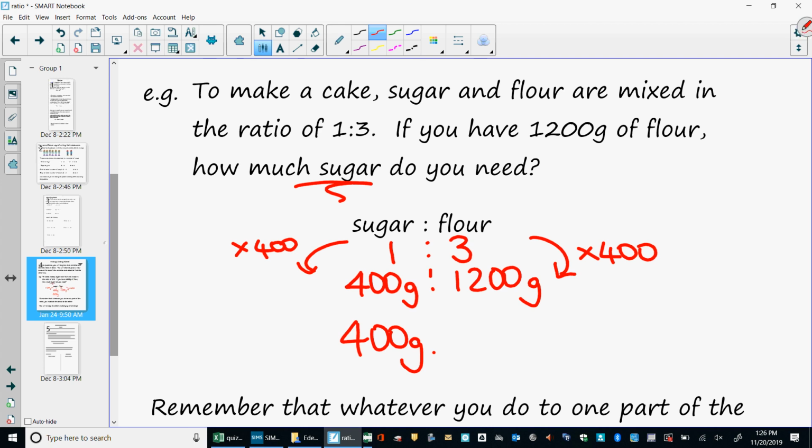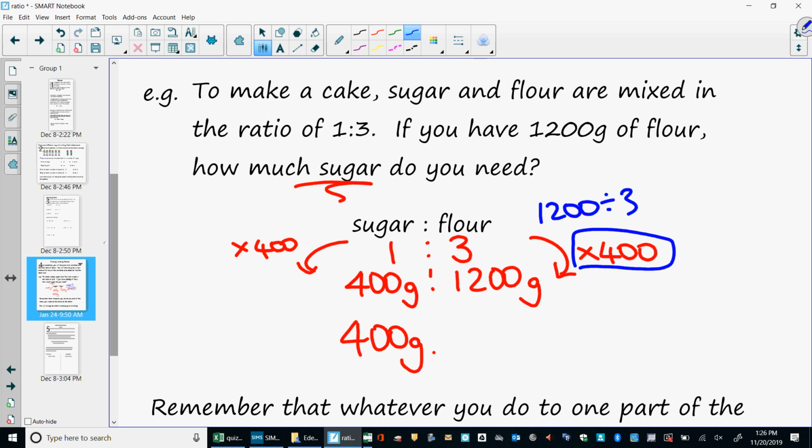Could you just divide it by 3? Yes, essentially. We established that we multiply by 400 by calculating 1,200 divided by 3. So how did we get from here to here?